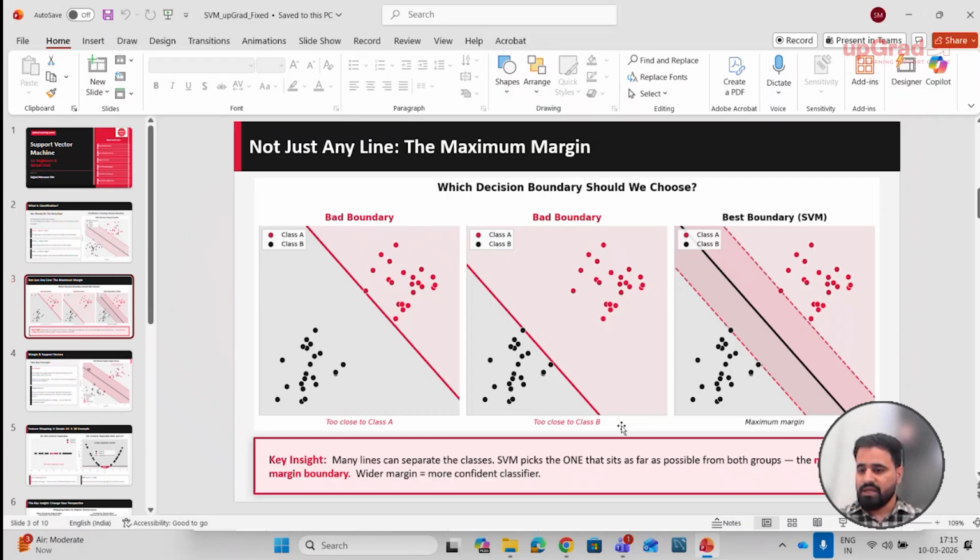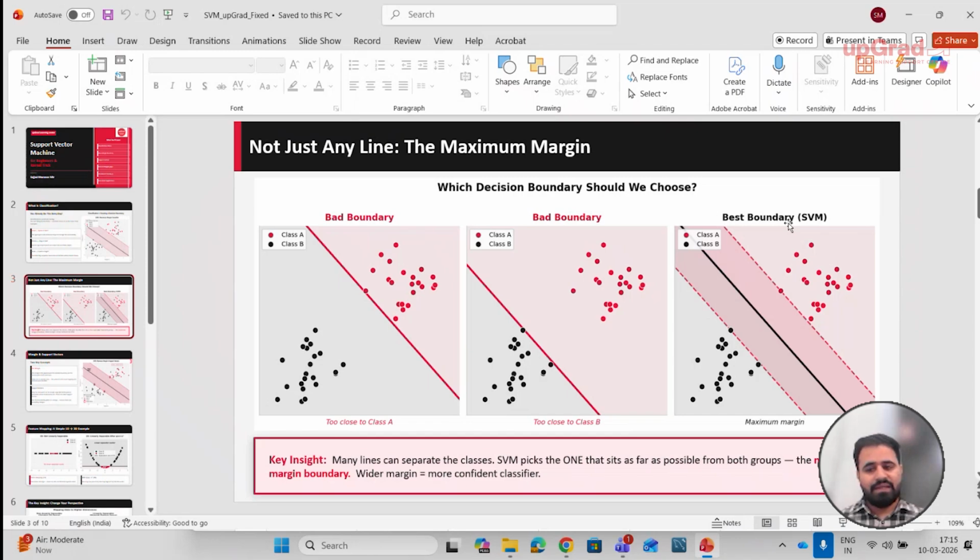The answer is no, because it is not giving me the maximum margin. It is aligned towards one class only, and it's very far away from the second one. The third one is the best boundary, which separates these two classes equally and gives us the maximum margin between the two classes.